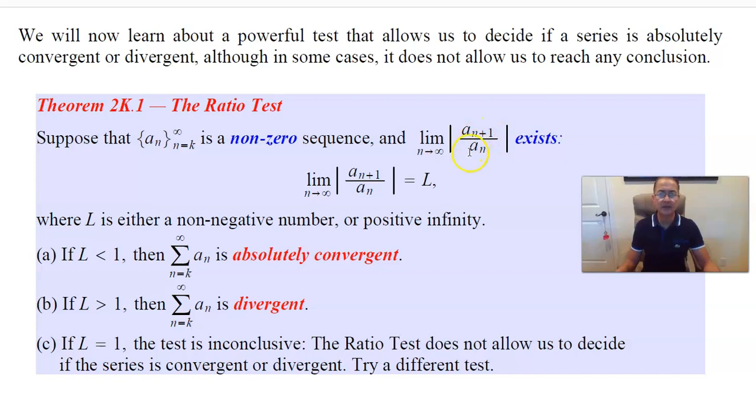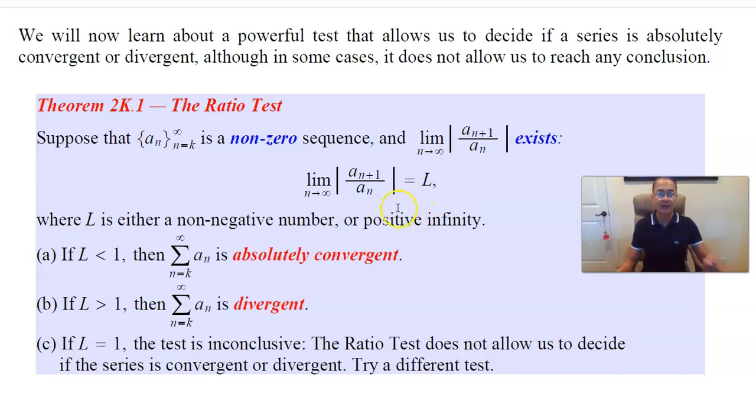So the ratio test looks a little bit similar, except we take absolute values, whereas in the limit comparison test, we don't take absolute value because all of the terms are already positive. So it's pointless to take an absolute value. So here it is important that we take the absolute value of the ratio a sub n plus 1 over a sub n, and then we'll see if we can find a limit for that ratio.